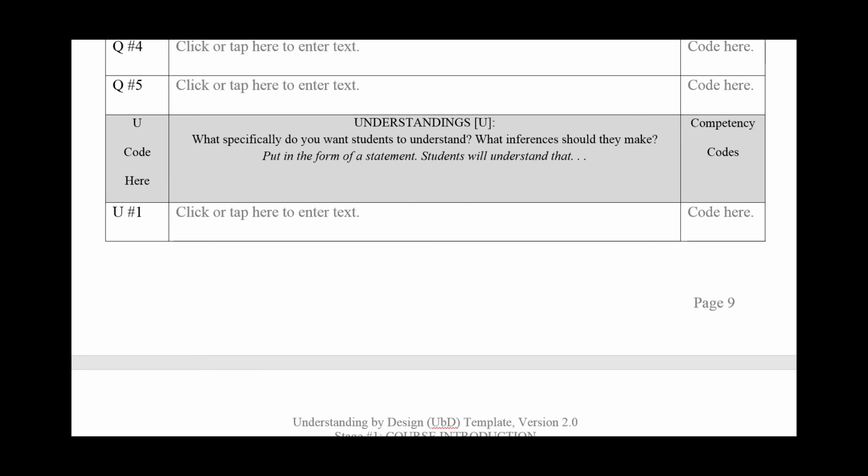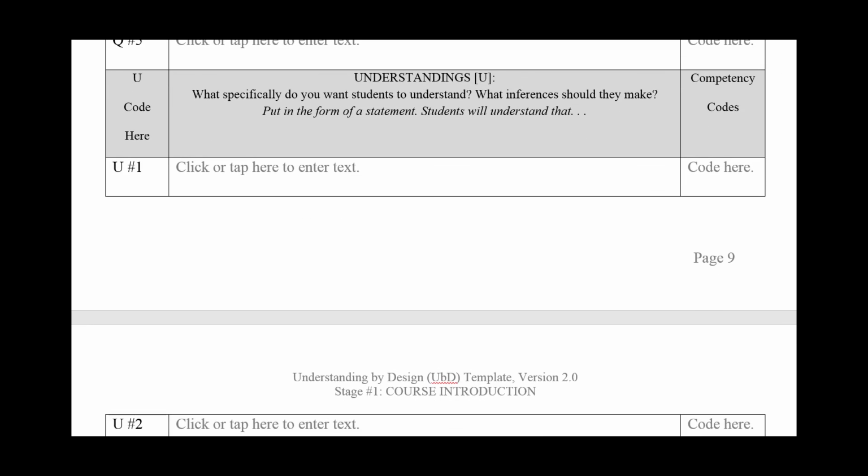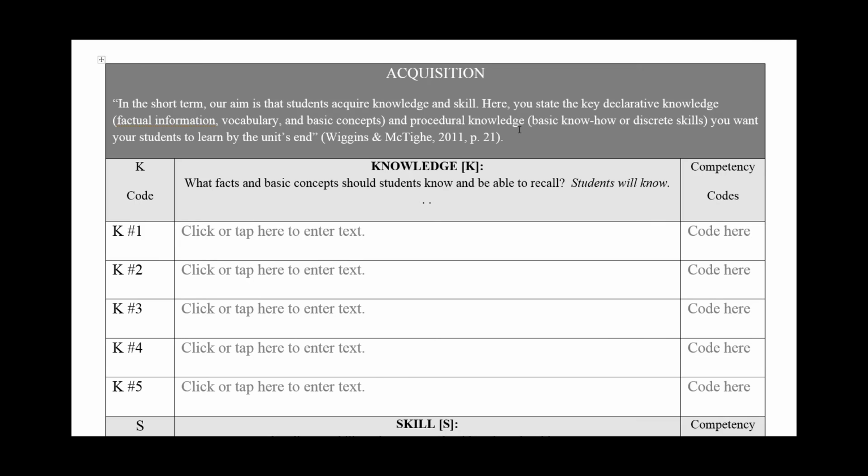Understanding, similar thing. What do your students need to understand? You know, you can know things, you can know bits and pieces of knowledge. Understanding is that deeper layer. What do they need to understand? That higher order thinking level of knowledge. For acquisition, you know, this is the actual facts.